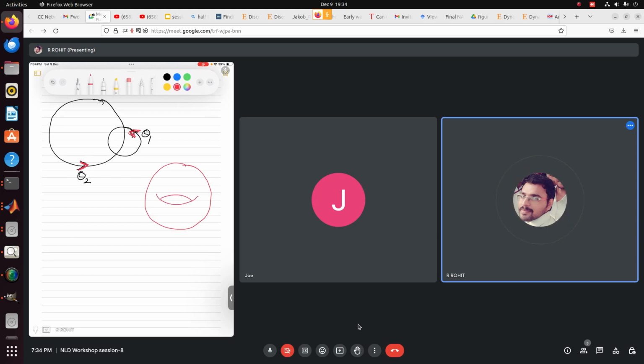So when you are moving in this direction, at the same time you are also moving in this direction. So if I put a color over here, this is the torus. In this direction we are also moving, and this direction also we are moving.